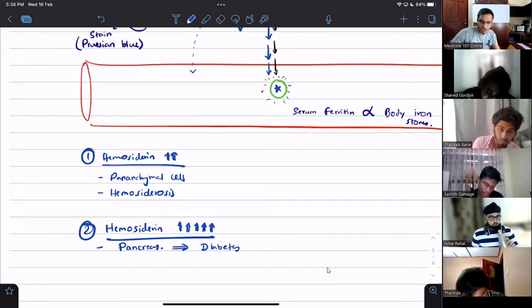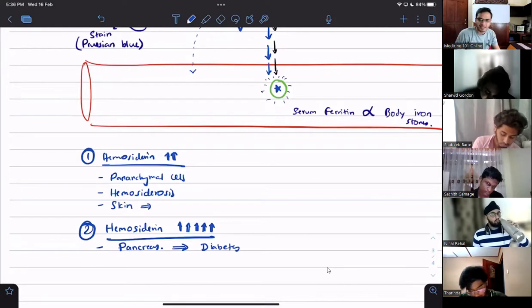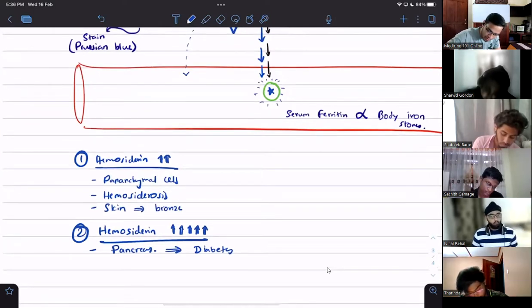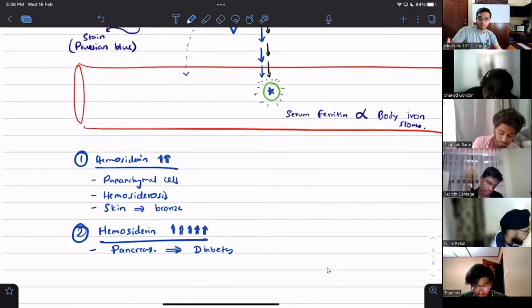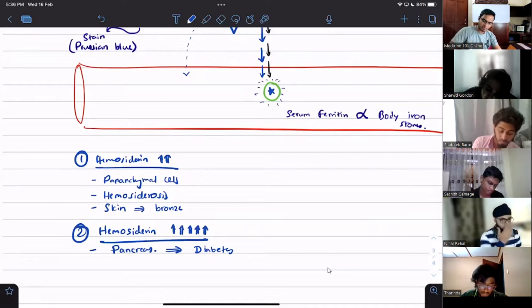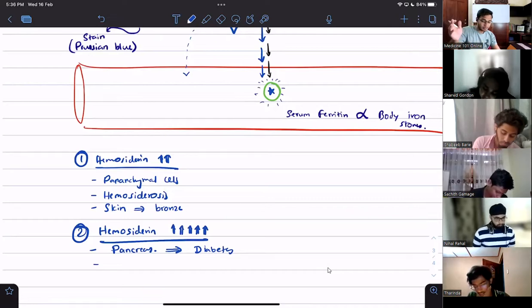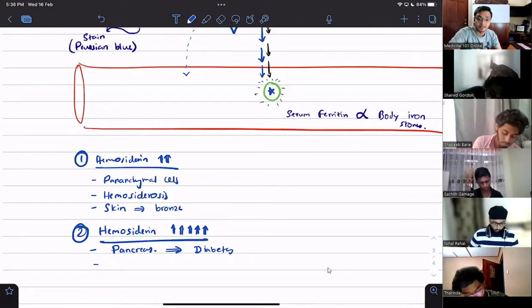In stage 1, it can also accumulate just under the skin, giving a light bronze appearance. Then once the disease progresses further, it starts attacking organs, pancreas, liver. It can give rise to cirrhosis. It can even go to the heart, with hemosiderin deposits giving rise to arrhythmias, all of those things.